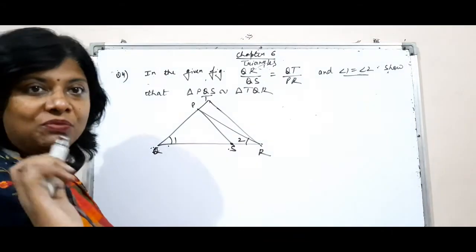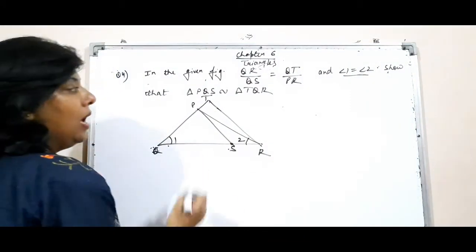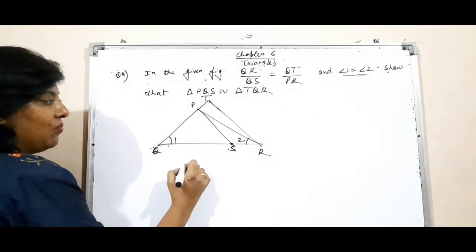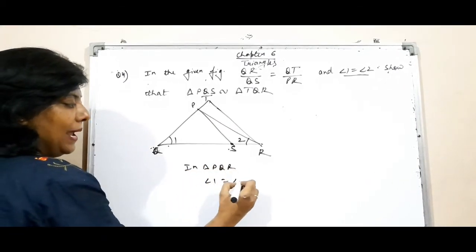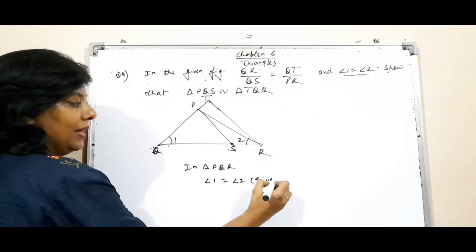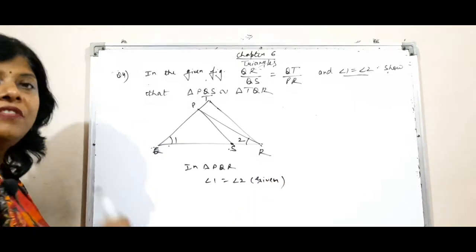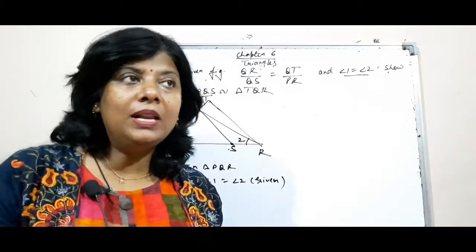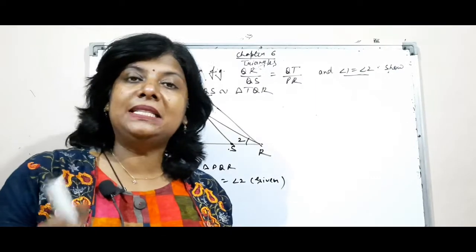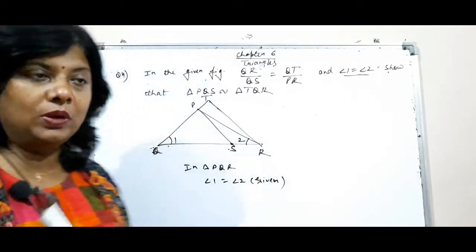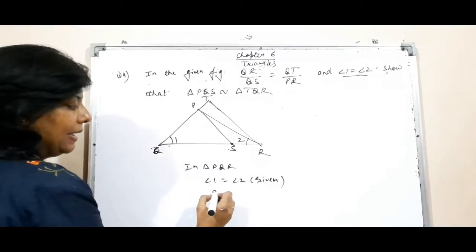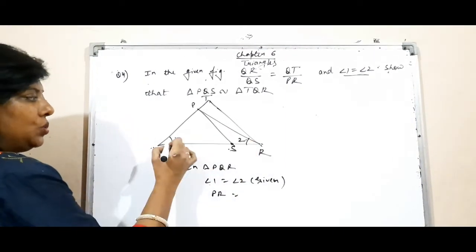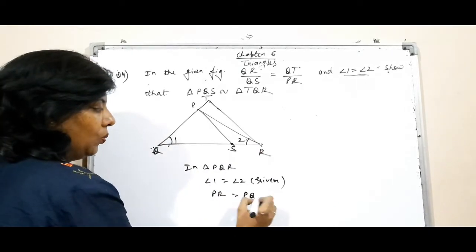It means we have to use this criteria also. How will we prove it? In triangle PQR, it is given angle 1 equals angle 2. That is given. When two angles are equal in a triangle, their opposite sides are also equal. The side opposite to angle 1 is PR and the side opposite to angle 2 is PQ.